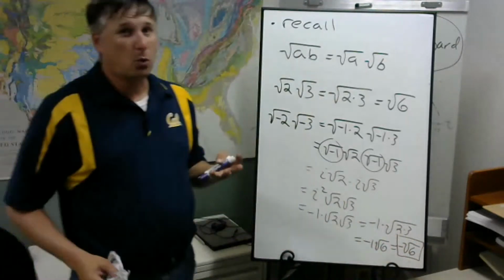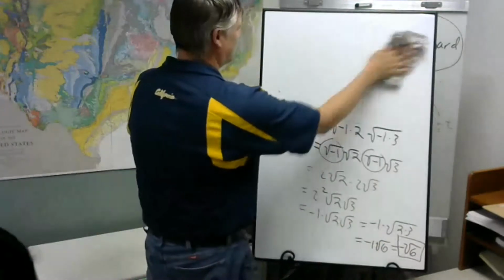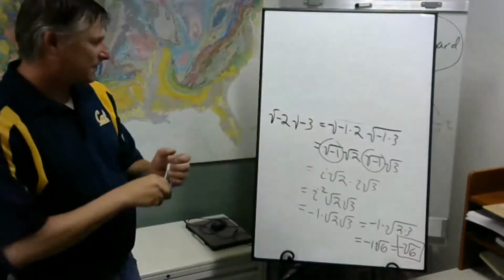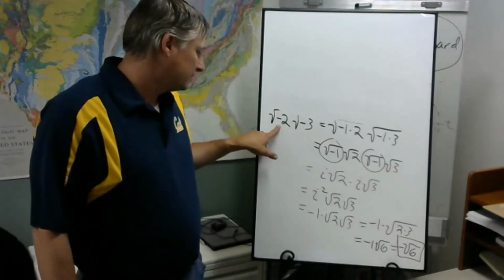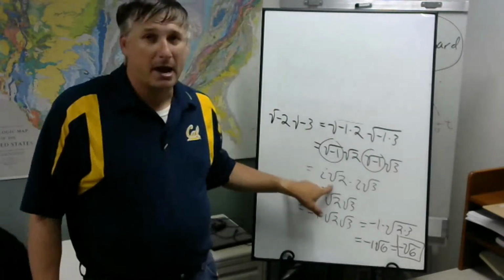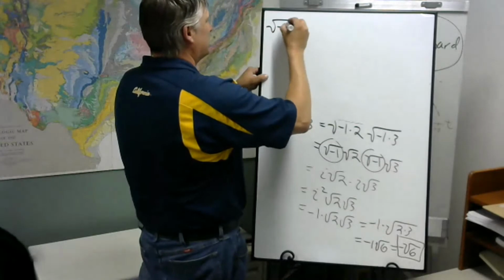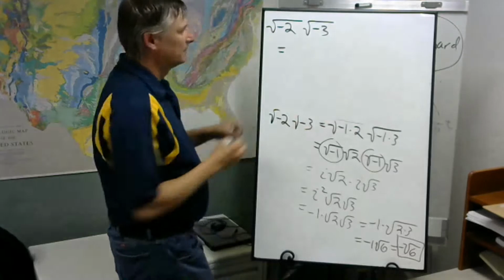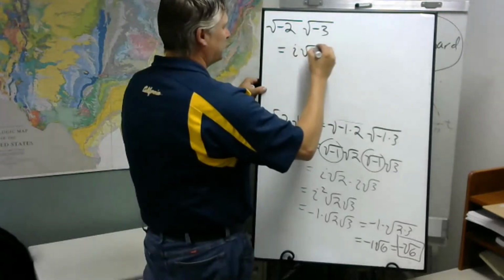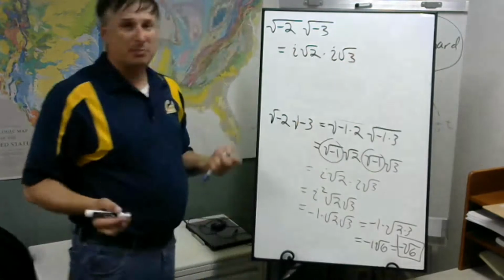Now I'm going to do this a little quicker. Let's do a shortcut here. What this basically says is this. When we take the square root of a negative number, we want to make sure we pull an i out. So square root of negative 2, square root of negative 3. i square root 2 times i square root 3. This is the big shortcut.